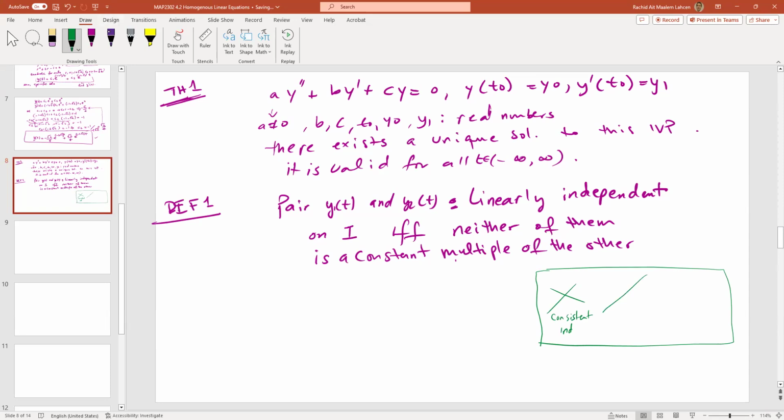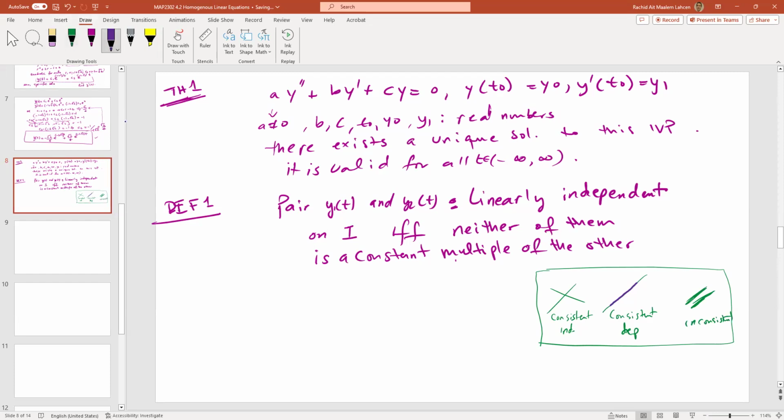But if you have something like this, then you say consistent dependent. And of course, if you have this, then you say inconsistent.